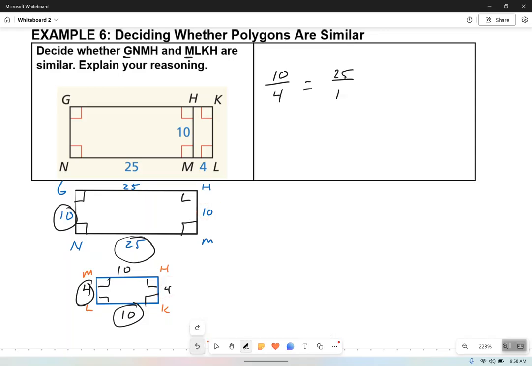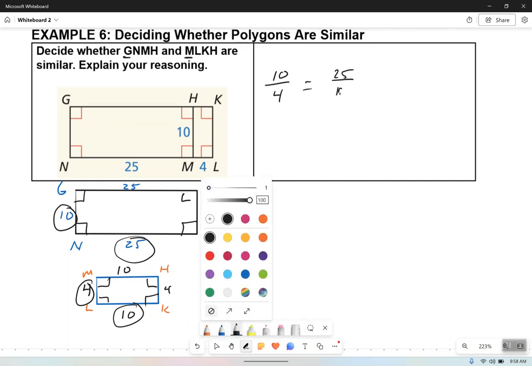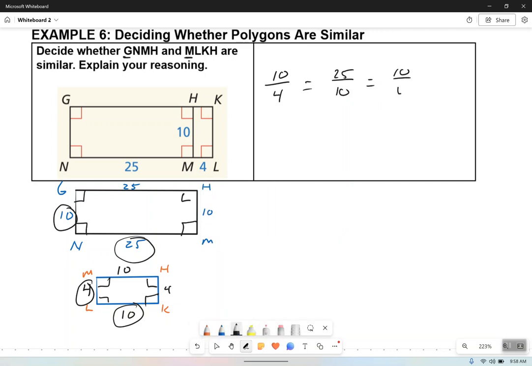And then the last pair of sides would be 25 and 10 again, right? If those ratios all divide out to the same value, then are these two rectangles going to be similar? Well, maybe.